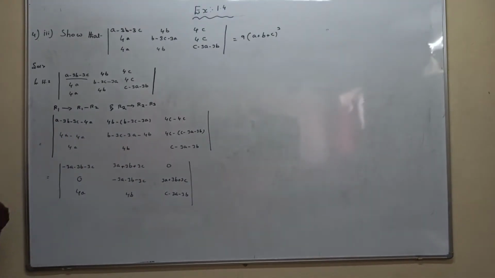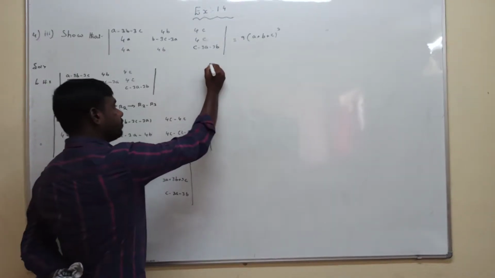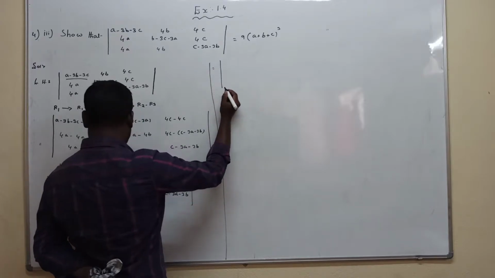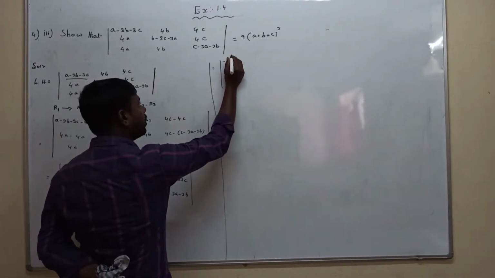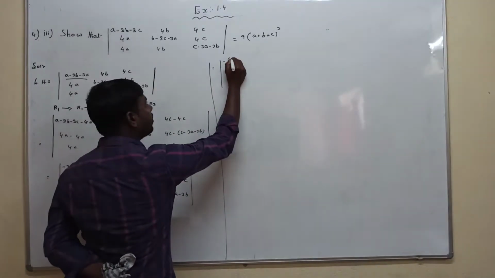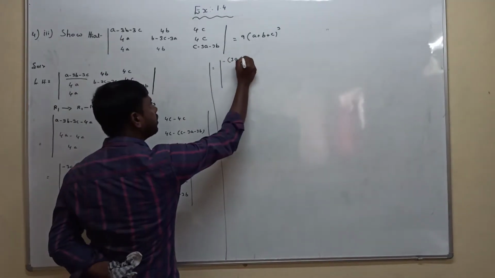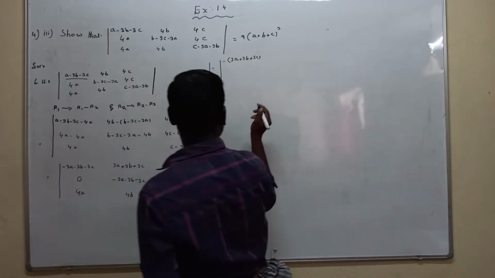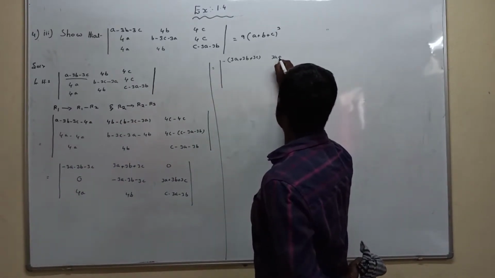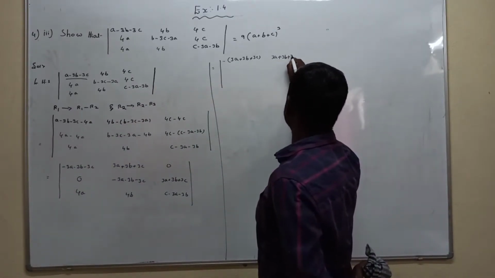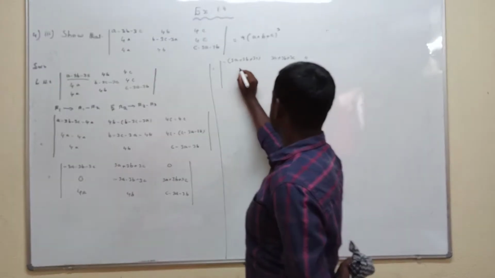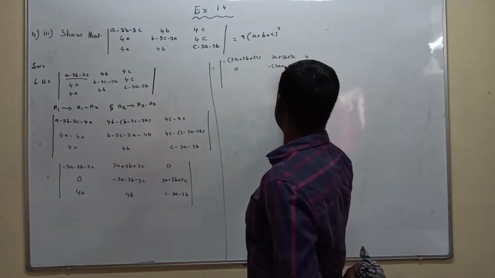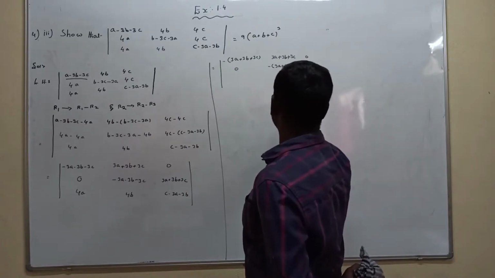After that, we are taking minus common outside. For taking minus common outside, the value becomes 3a plus 3b plus 3c, and the other entry is 0. Here, minus common outside, 3a plus 3b plus 3c.